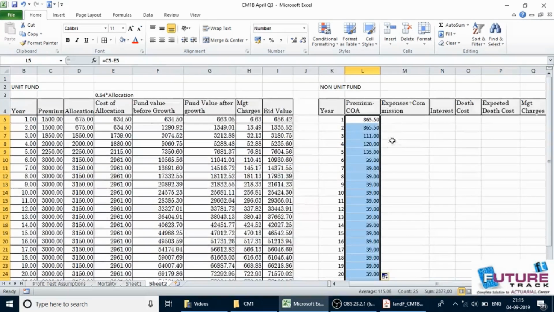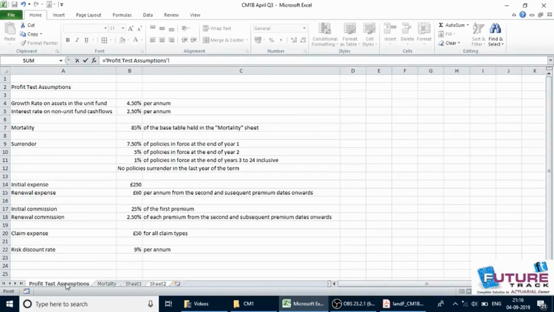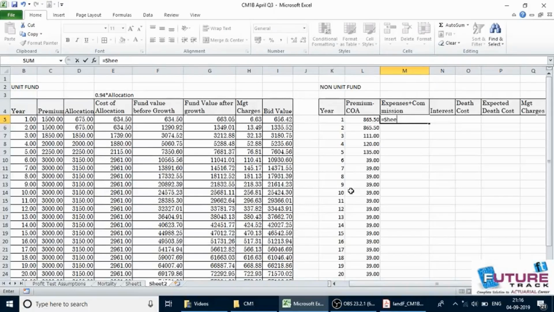So what we have first is 250 and 25% of the premium. So 250 plus 25% of the premium amount. Fine. So this is my expense and commission for the first year.